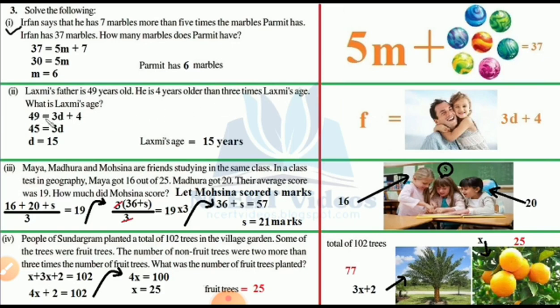On the left side you can write 49. How much is he? He is 4 years older than 3 times Lakshmi's present age. So 3D plus 4. 4 will come to the left side, which gives us 45. Right side, correct. So D remains, 45 divided by 3 gives us 15.